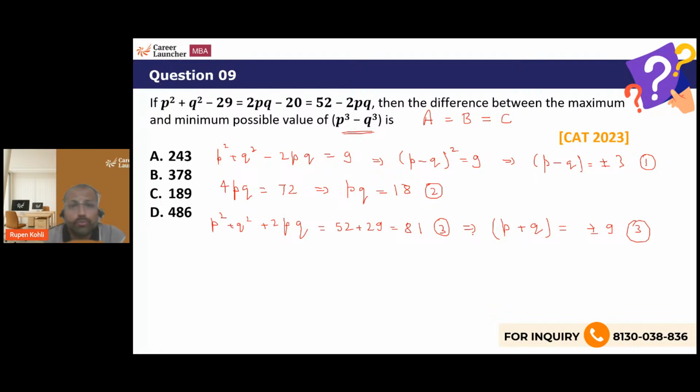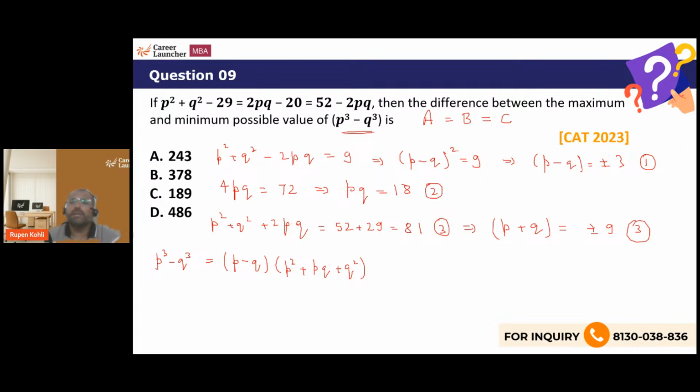Now I need to go to P cube minus Q cube. So we all know that is P minus Q times P square plus PQ plus Q square. Now I have not solved for the value of P square plus Q square directly, but I can, because P into Q is 18. So if I put that in this equation, I can get the value.